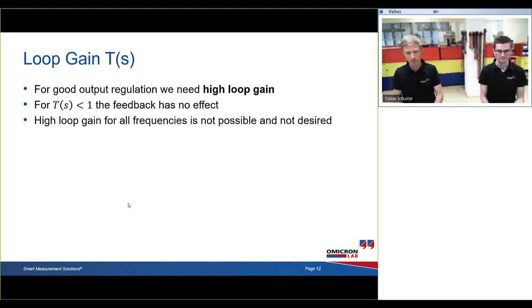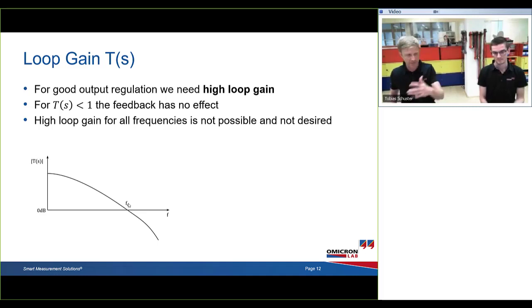Normally the loop gain is shaped to be a small number to not have the noise running around the loop. So normally a loop gain design goal could look something like that. We have on the y-axis the magnitude of the loop gain, and on the x-axis the frequency.